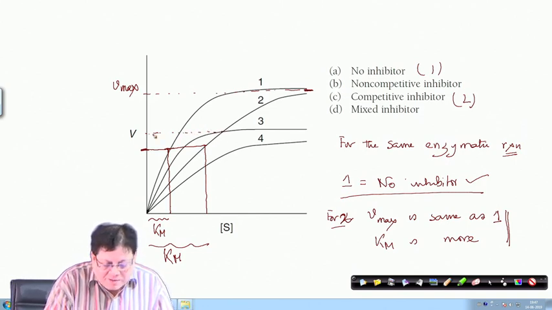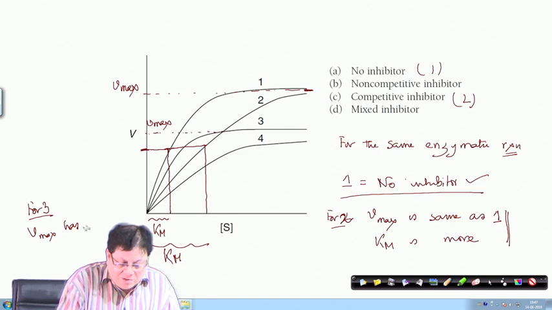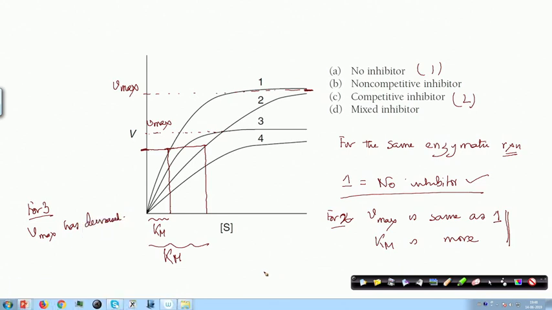The value of Vmax is this for the third graph. So, for 3, I can write here, for 3, Vmax has decreased. What about Km? We have to see the Km.